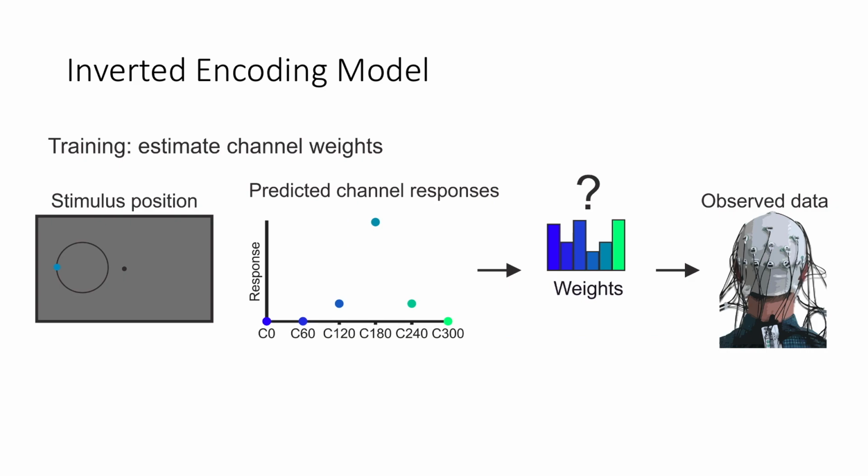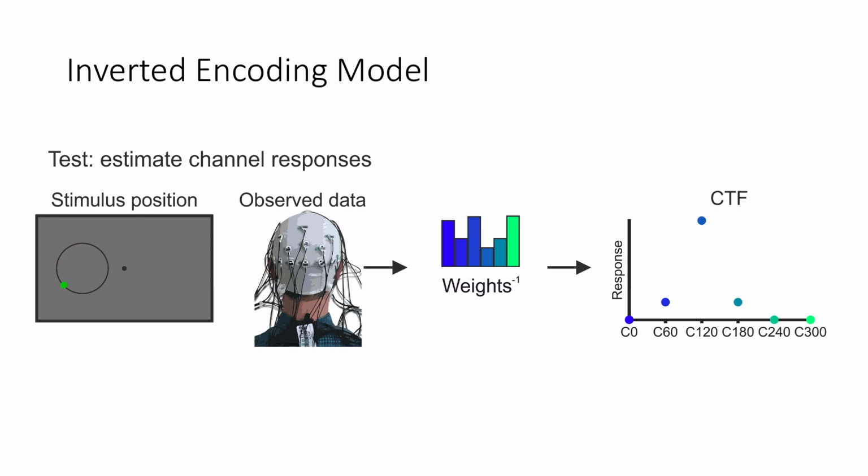Just like any other linear classifier analysis, we partitioned our data into a training and test set. We first use the training data to calculate a set of weights that map between our predicted channel responses for a given location and the observed pattern at each electrode.